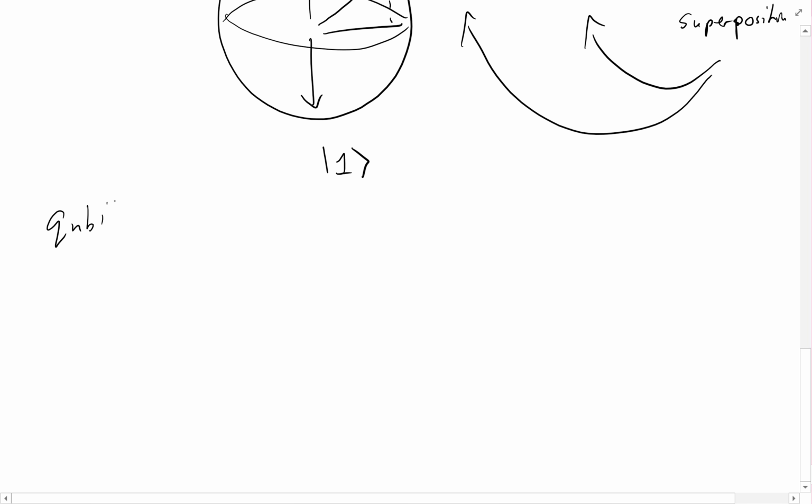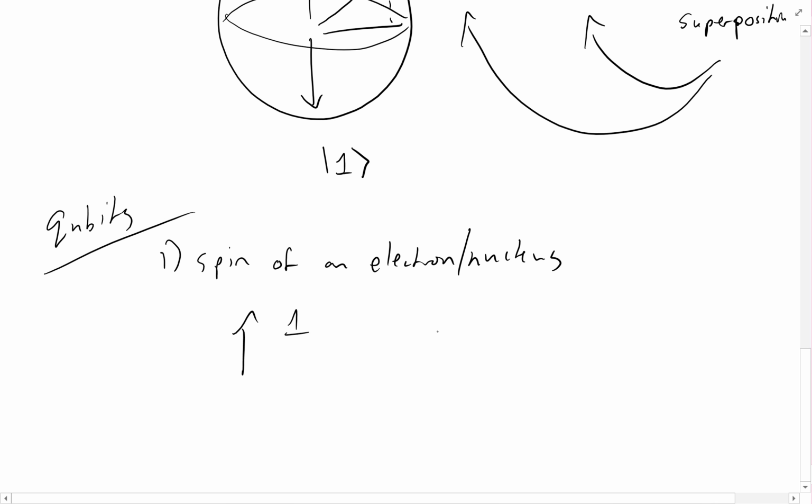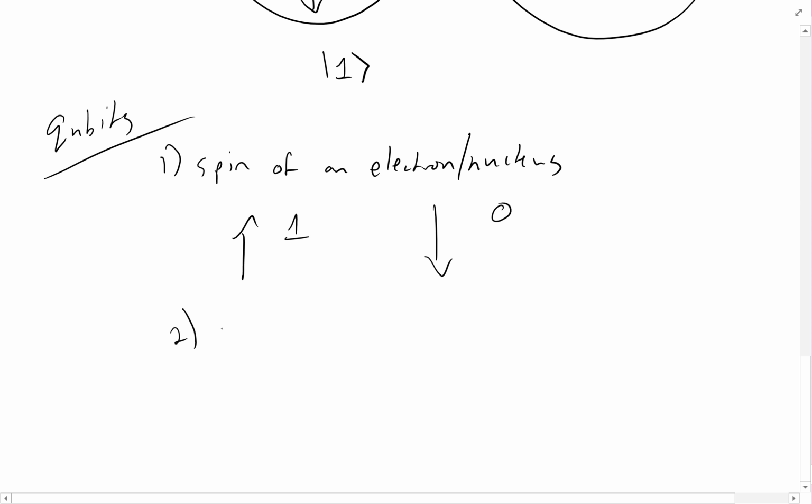Qubits have been represented as the spin of an electron or nucleus. Spin up means a 1, spin down represents a 0. Qubits have also been represented as the polarization of a photon.